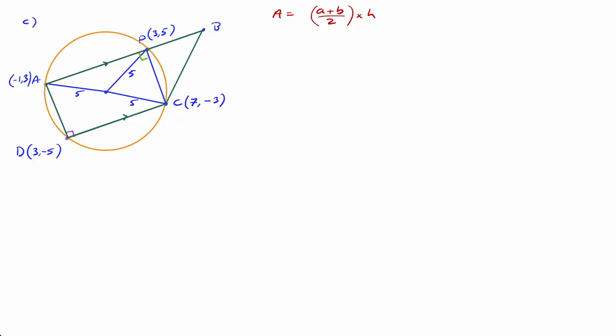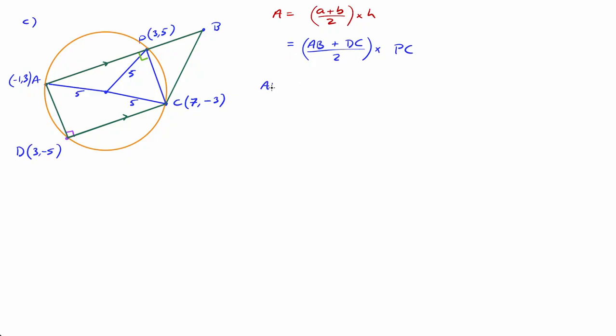So our A is AB, our B is DC, and our H is, let's go with less minuses, PC.